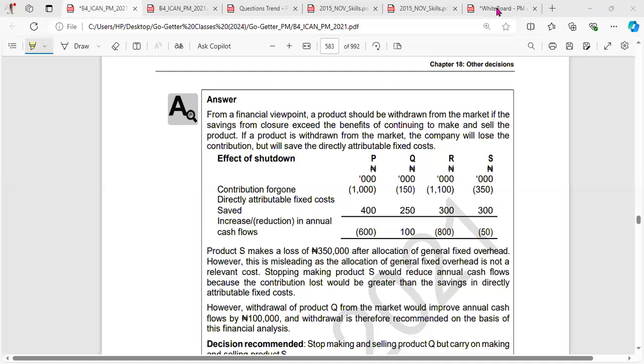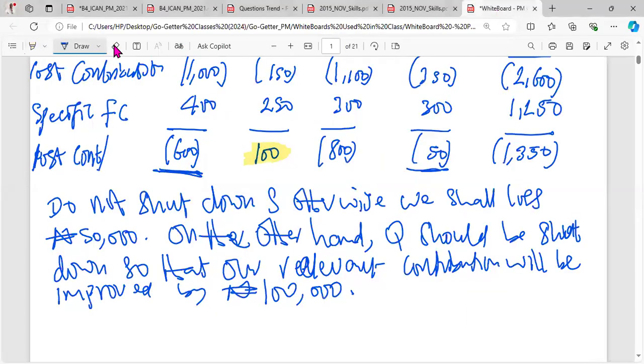Okay, so if you look at this, that's the language I want to use. Reduction in cash flow. So let me put it again here.